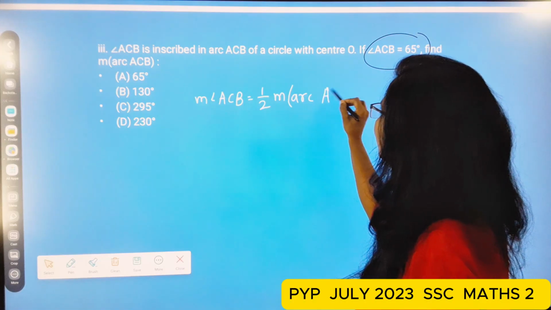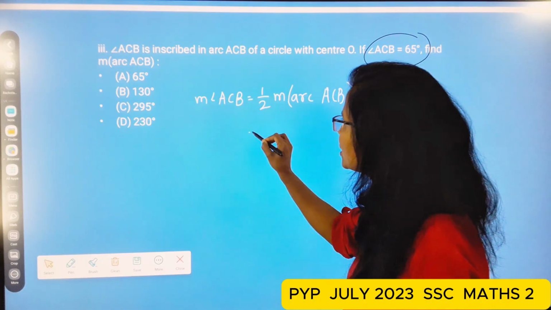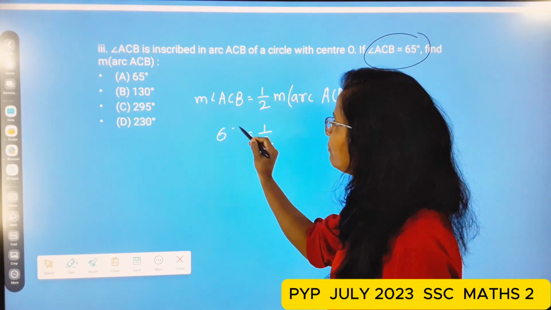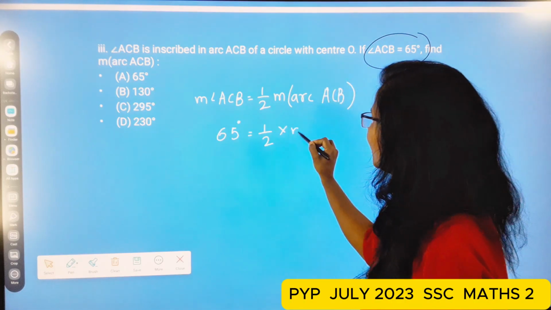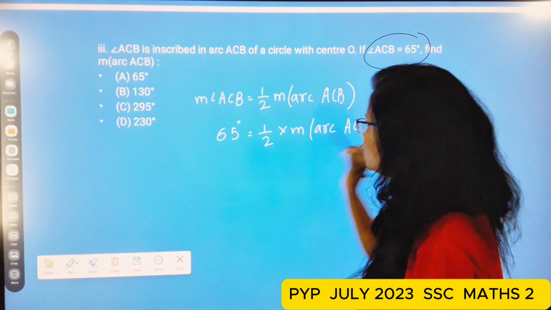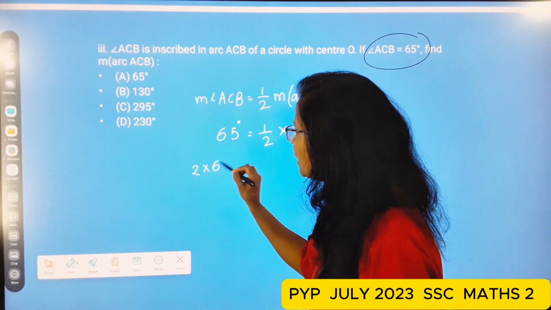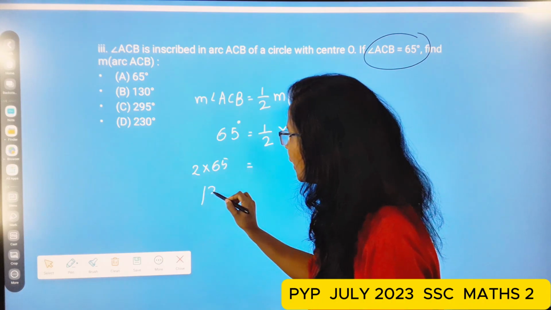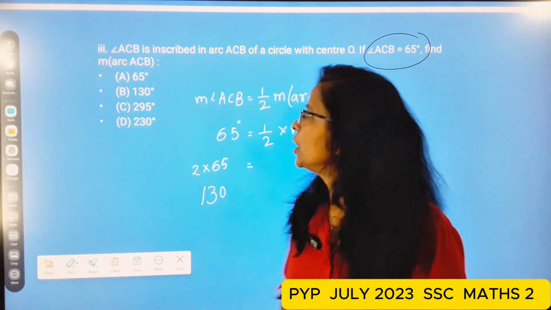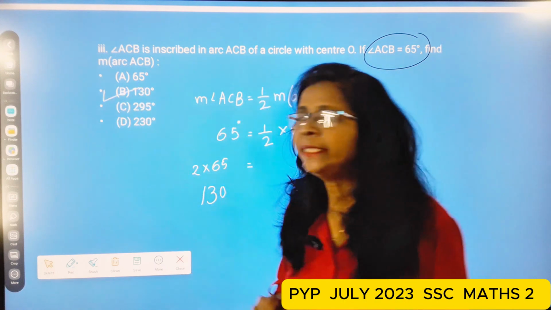Here angle 65 is given, so 65 degree is half of major arc ACB. So 2 multiplied by 65 is equal to 130. So our correct option is B, 130 degree.